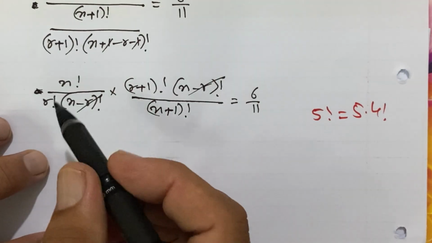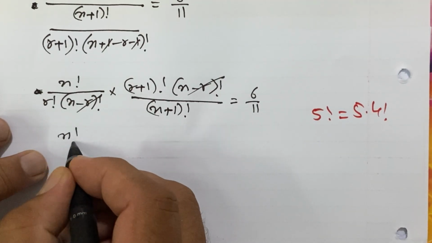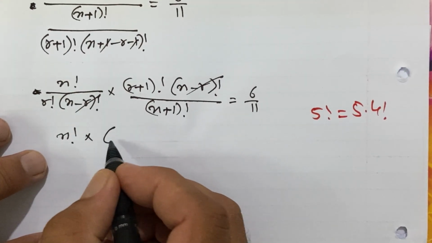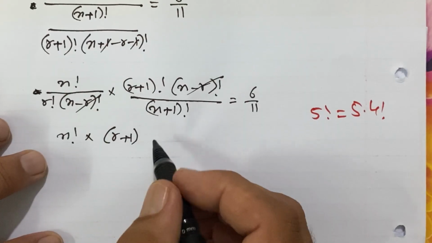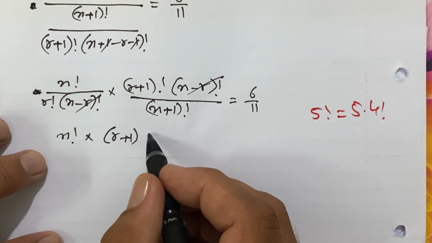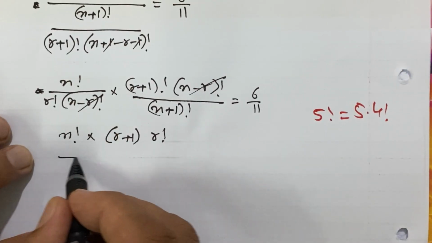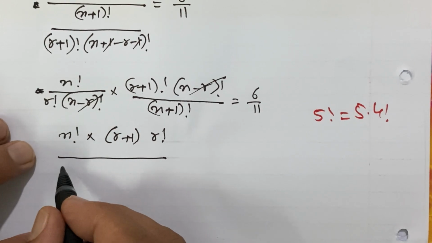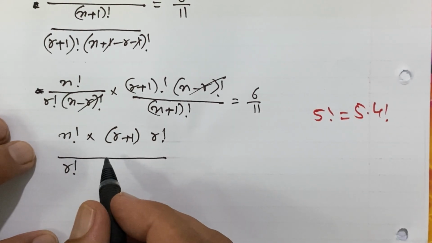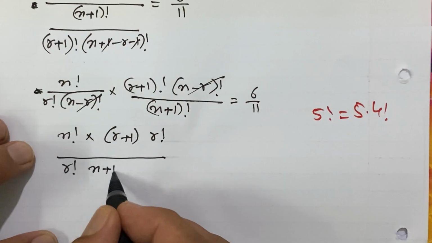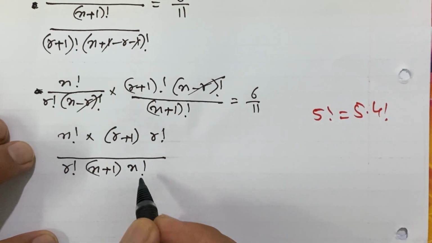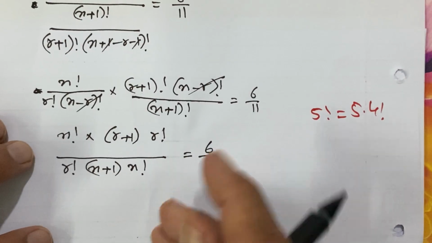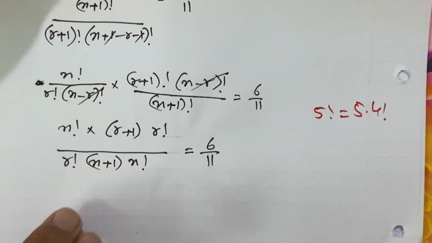Then here n factorial into (r plus 1) into r factorial over r factorial (n plus 1) n factorial is equal to 6 by 11.